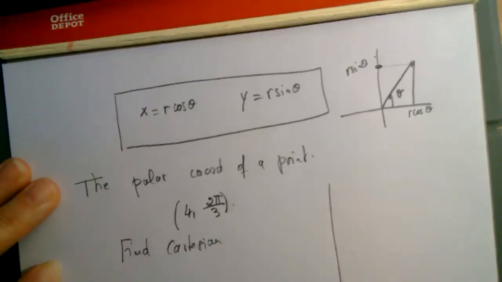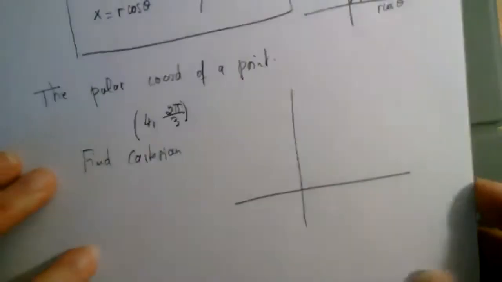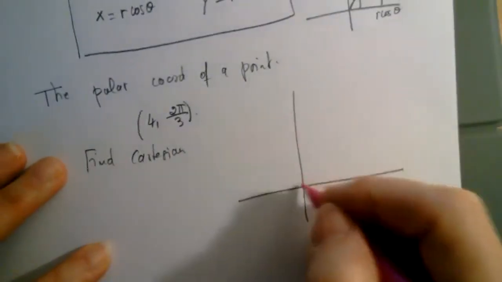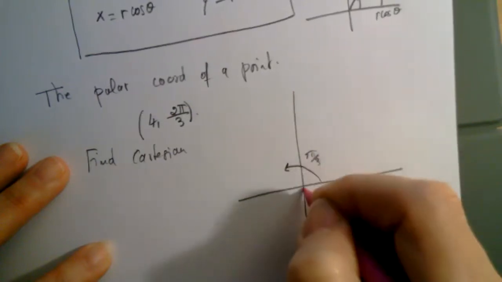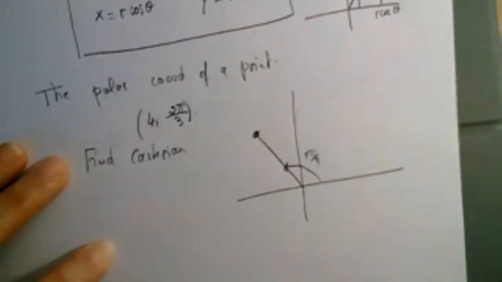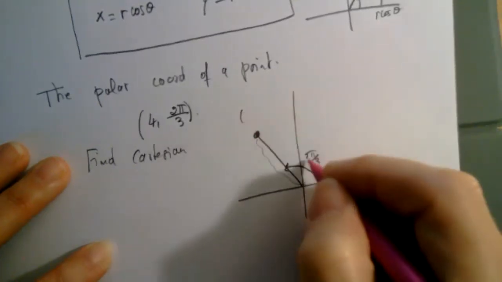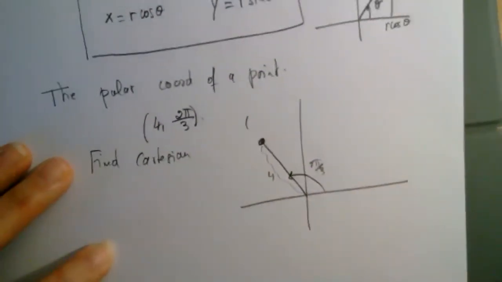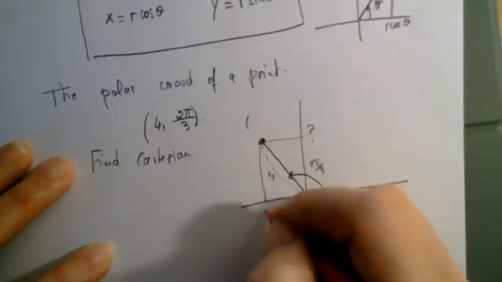I personally, and I advise you, always draw your point, so you can check that your answers make sense. 2 pi over 3 means I am right here in this quadrant, and 4 means I am 4 units away. So that's really my point. I want this coordinate and that coordinate.